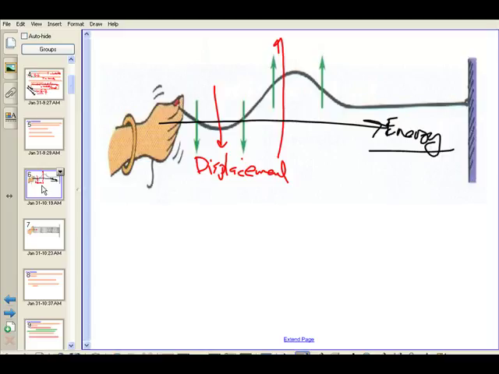Waves need a medium to carry them. I needed a spring to carry the energy. We need air to carry our sound waves, things like that. Light does not need a medium because light is not one wave. Light is two waves working together. You have an electrical wave going one way and a magnetic wave going the other way, and they're self-propagating.